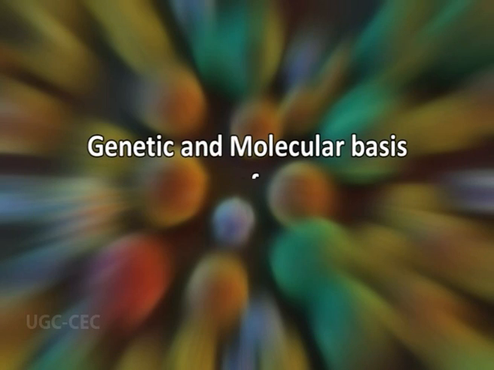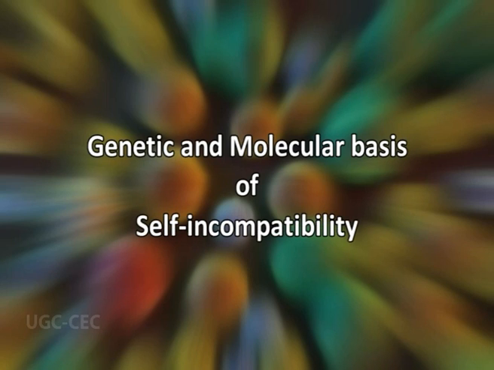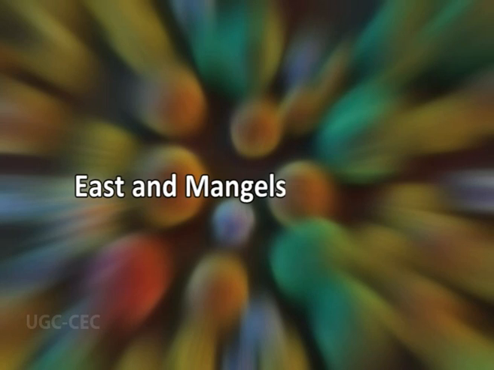Now, the genetic and molecular basis of self-incompatibility. East and Mangelsdorf, 1925, proposed a hypothesis known as the opposing S allele hypothesis, which deals with the genetic control of self-incompatibility.